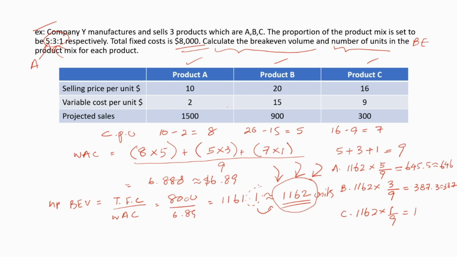And finally, there are 129.1 units of product C's in the break-even product mix. Let's round it off to 129. This should equal to 1162. This is how we can calculate the number of products in the break-even product mix for each product.